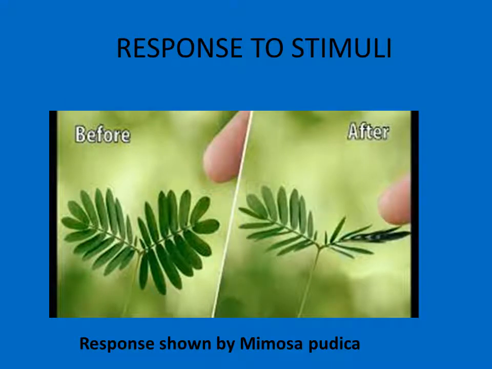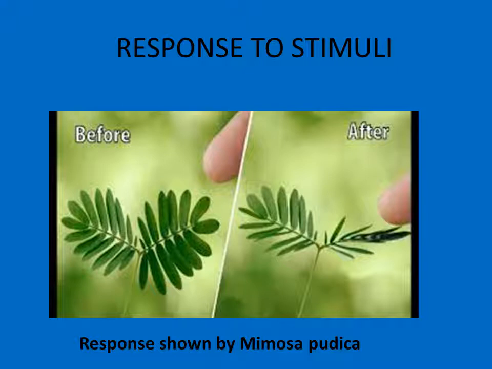Okay, students, the next characteristic is that all living organisms show response towards stimuli. What is a stimulus? A stimulus is anything that elicits a response by the living organism. Stimuli may be biological, physical, or chemical. Here in this picture, you are seeing a plant and the name of the plant is Mimosa pudica, and in Hindi it is known as the chhuimui plant.